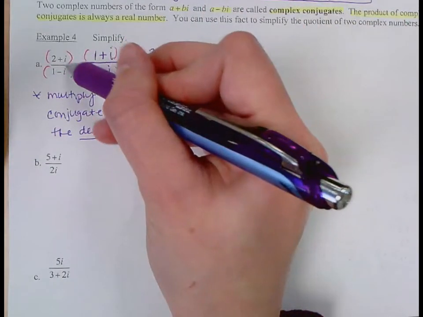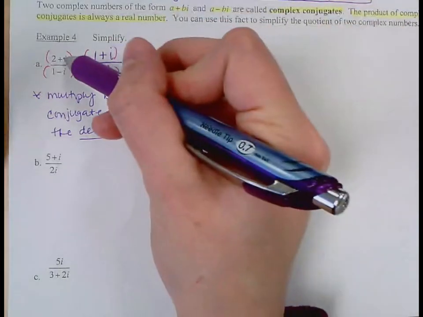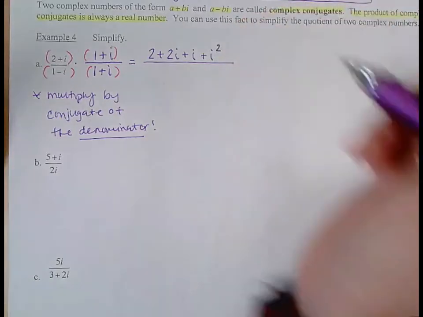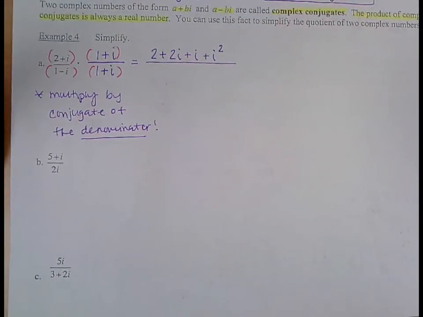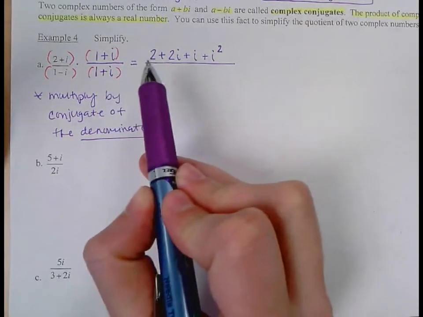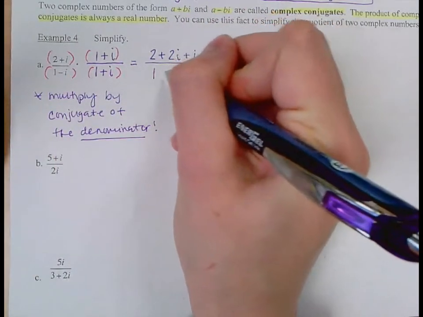And then for the inside, I times 1 would be plus 1I or just I. And the last term's I times I is plus I squared. So make sure when you're multiplying I by itself, or anytime you multiply a variable by itself, it's squared, or you add the exponents.